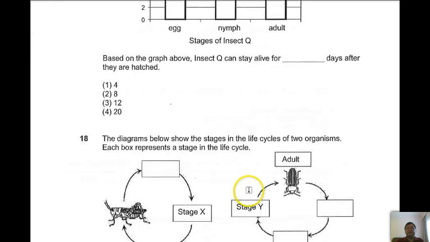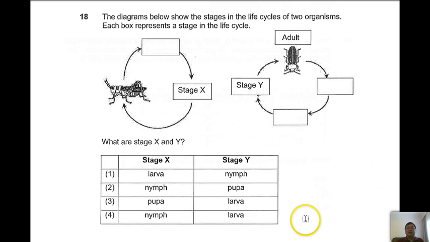Next. The diagram below shows the stages in the life cycle of two organisms. Each box represents a stage in the life cycle. This is quite easy. This is a grasshopper.